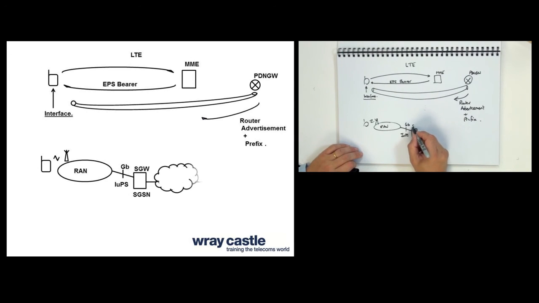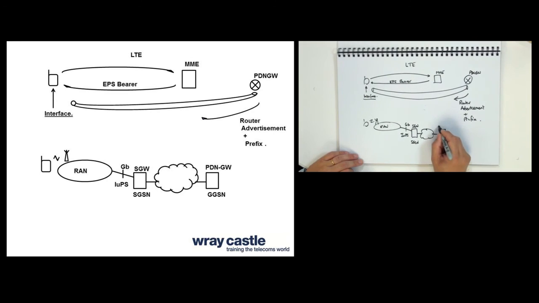In LTE we just change that to a serving gateway, and then we'll see an internal connection through to a GGSN, which is essentially the same place as our PDN gateway. These would be responsible for the allocation of IP addresses, which they could do from an internal pool, or they could use DHCP, or they could use RADIUS.